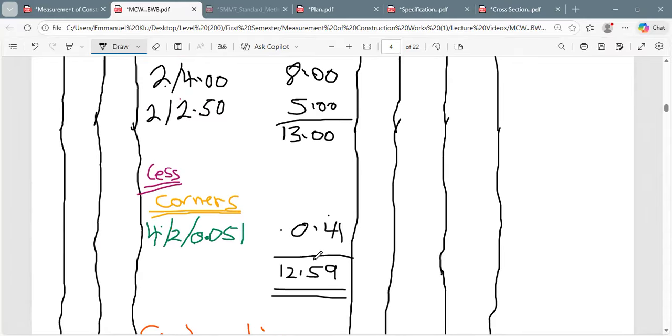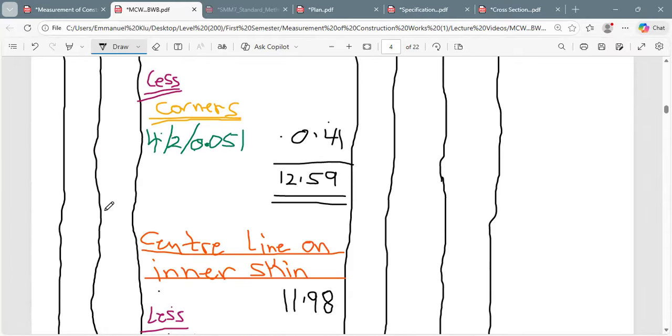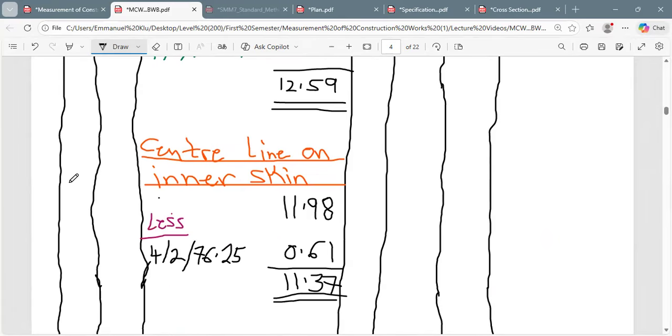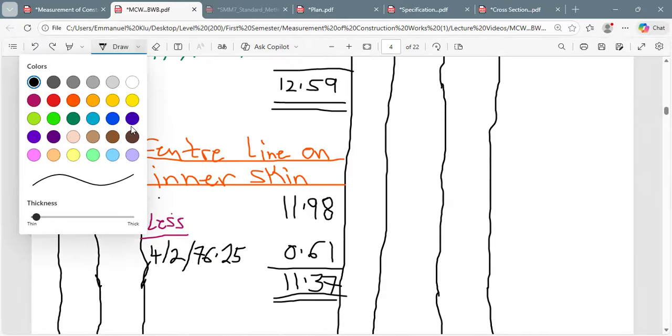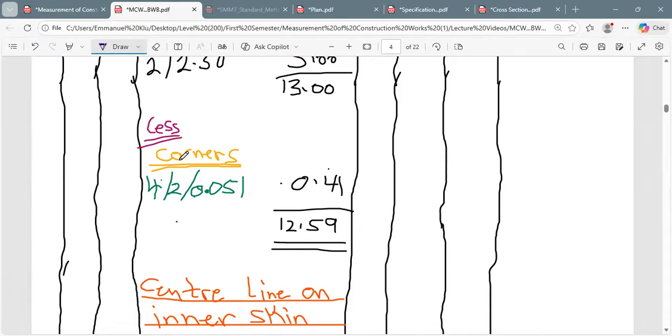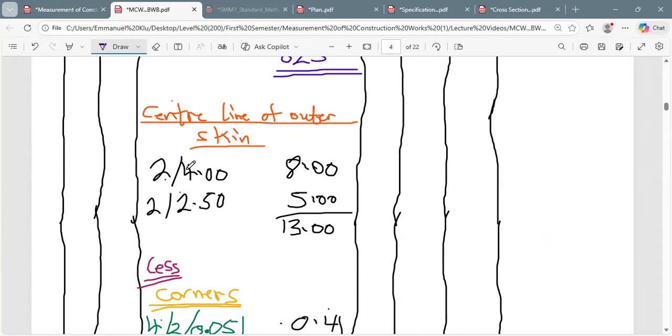So let's quickly proceed. Okay, so our 12.59 we had, and we had that after lessening the corners from the perimeter.